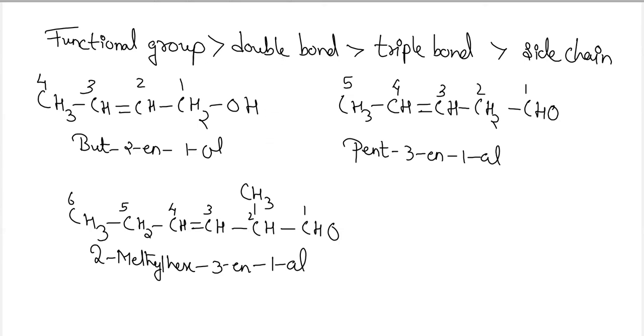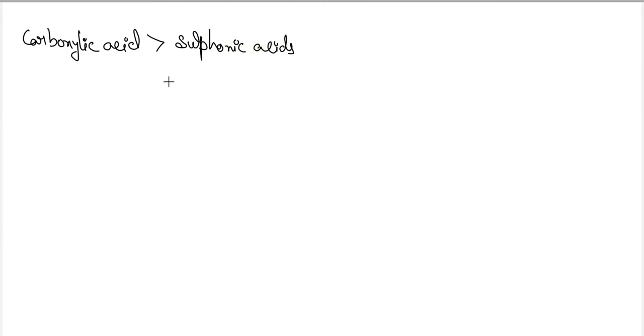Okay, now if more than one functional group is present, then the preference which we are going to use here is: carboxylic acid is the most preferential. Okay, after that come the sulfonic acids, that is SO3H.